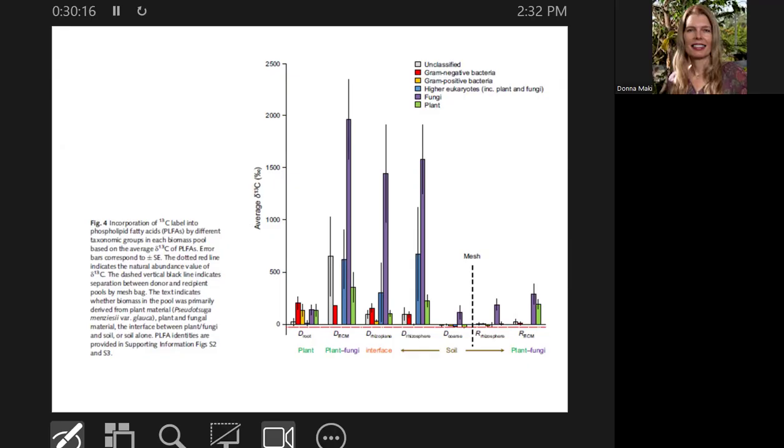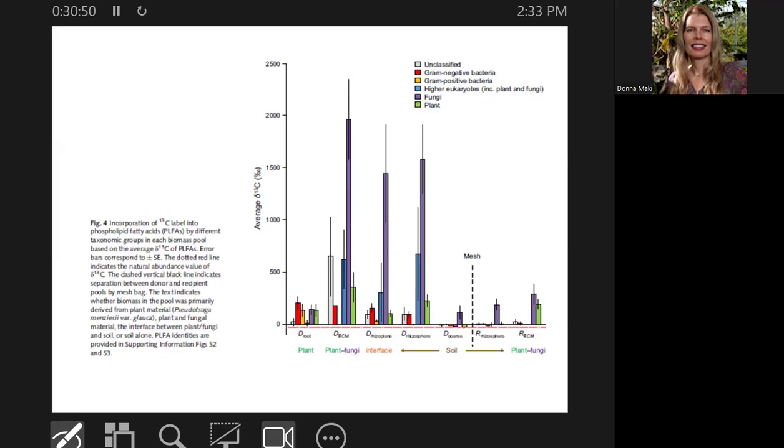They were tracking where the carbon goes. Looking at the different groups of microbes and the plants, where does it end up? The root is plant, but the mycorrhizal fungi is a plant-fungus interaction, then the interface in the soil, and then all the way to the plant-fungus in the receiver. Does that make sense?